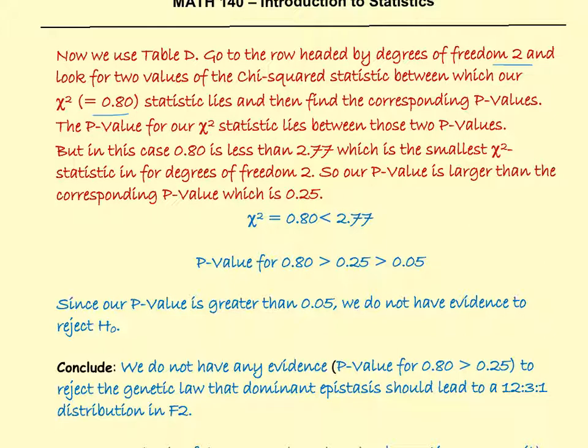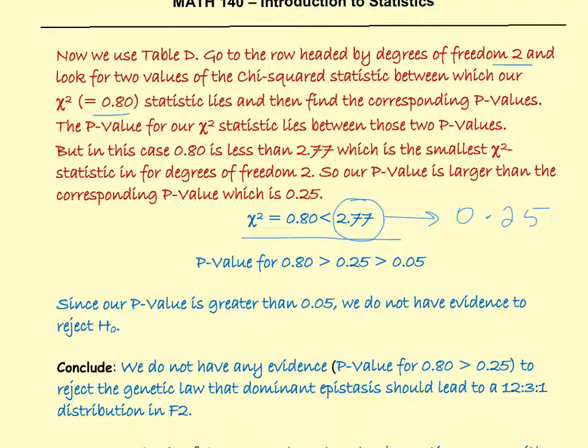In this case, our chi-squared statistic 0.80 is less than 2.77, which is the lowest chi-squared statistic in the table. The p-value related to 2.77 is 0.25.